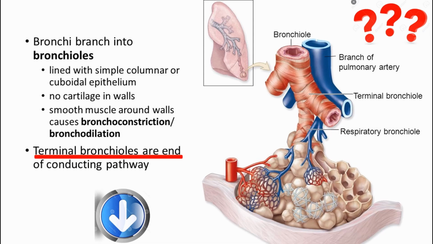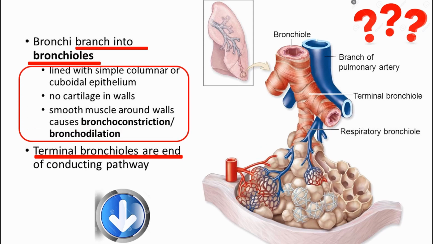First of all, the terminal bronchioles are the end of the conductive pathway, and the bronchi are going to divide into bronchioles, which are lined by simple columnar or cuboidal epithelium, and bronchioles have no cartilage in the walls, no rings, and the rings are replaced mostly by smooth muscles, and when they contract they produce bronchoconstriction, and you pharmacists have drugs that are going to dilate these respiratory passages.